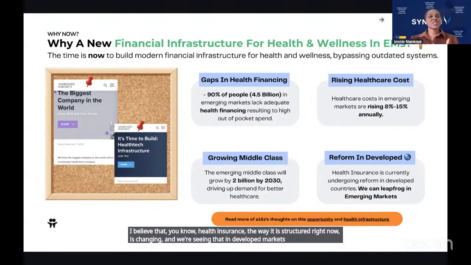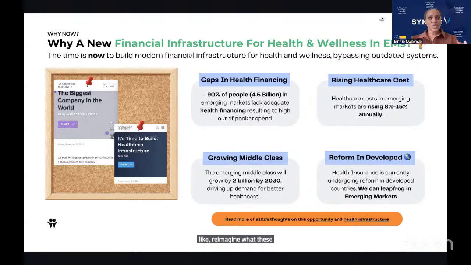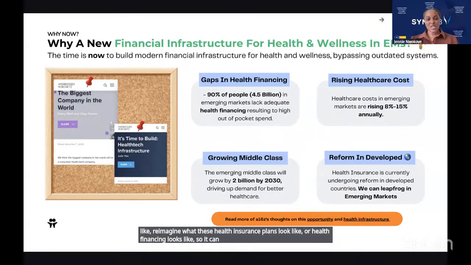Knowing that it is being changed in developed markets, and that there is a gap in our market with the current health insurance plans, could we reimagine what these health insurance plans or health financing look like so they can meet the unique challenges of Nigerians and people in emerging markets today?